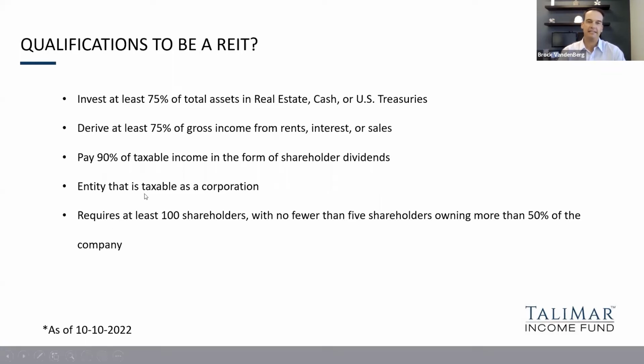The entity is taxable as a corporation, so the REIT has to be structured as a corporation, and it requires 100 shareholders with no fewer than 5 shareholders owning more than 50% of the company. What they're trying to do is not get one or very few very high net worth investors into a single REIT. And it's kind of an interesting structure that you have to do in order to create a mortgage REIT. We'll get into this on the next slide.